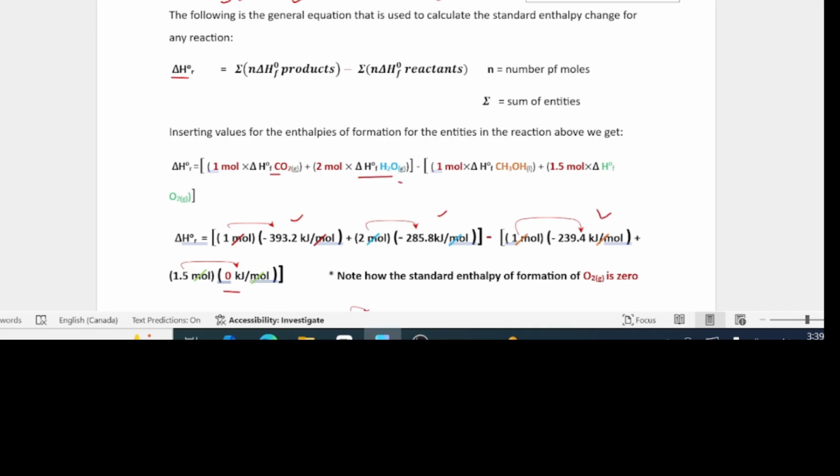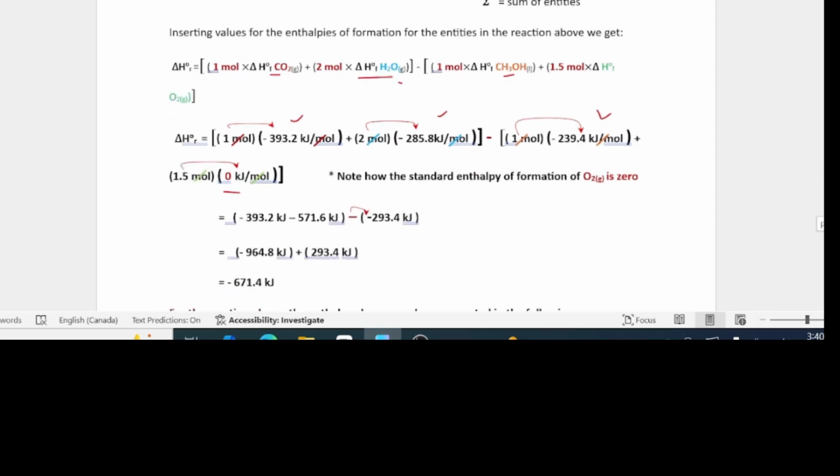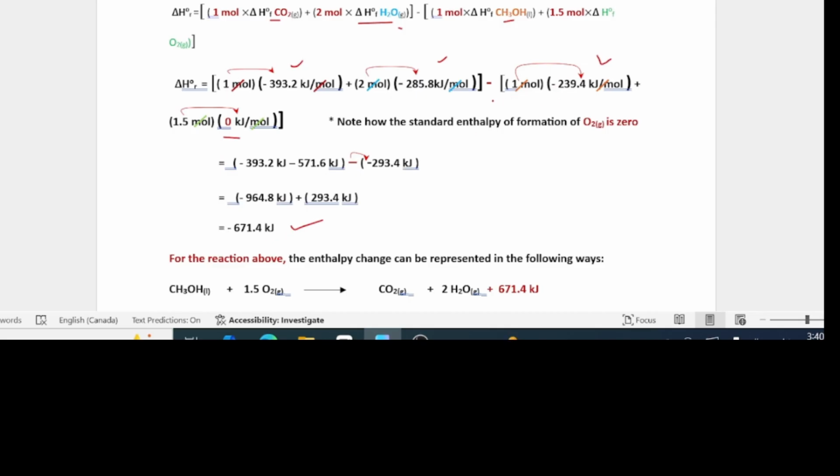To do this one here, we took the standard enthalpy of formation for 1 mole of carbon dioxide and 2 moles of water vapor, added them together, and we subtracted from that 1 mole of enthalpy of formation for methanol. Oxygen is 0, and then we ended up with that value. Be attentive to this negative sign here.